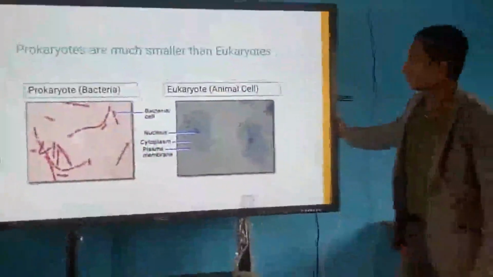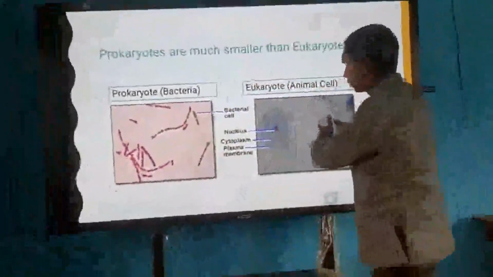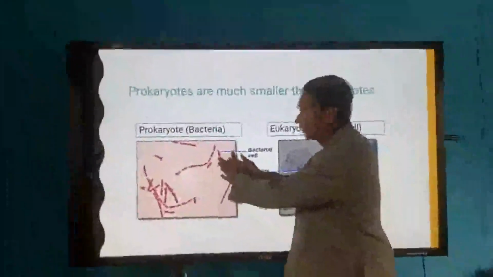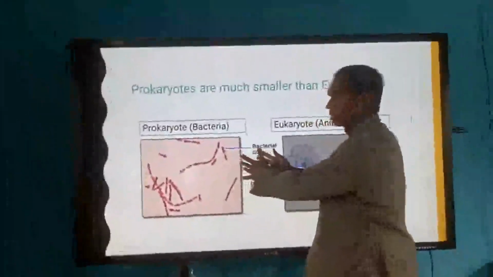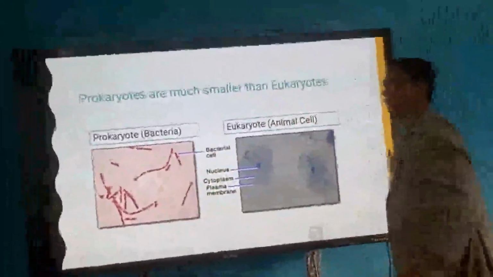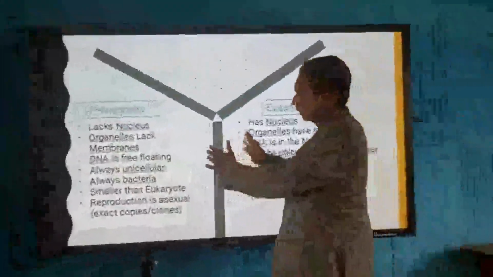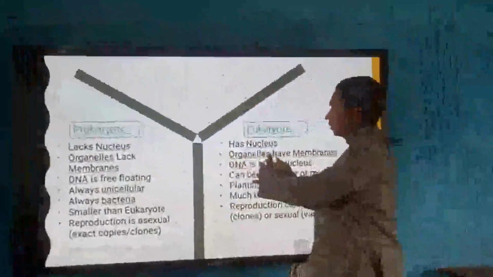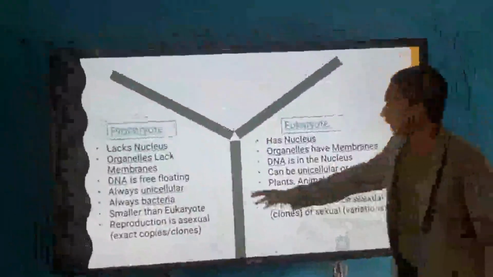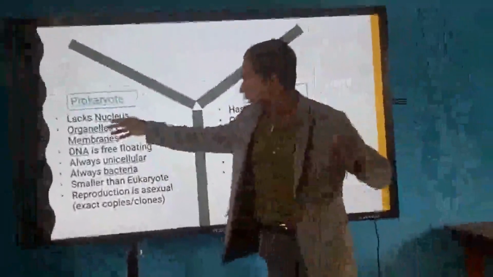Here is a comparison between prokaryotes and eukaryotes. This is a difference between prokaryotic and eukaryotic structure. Normally, in prokaryotes the nucleus is lacking.